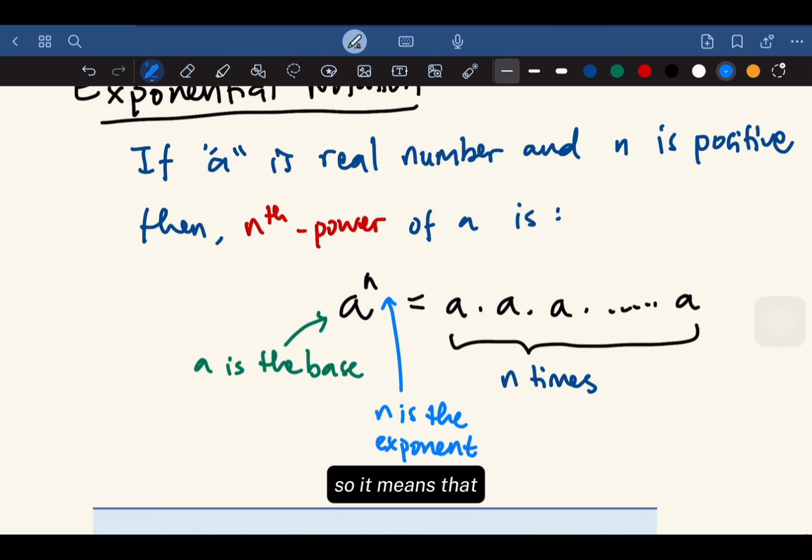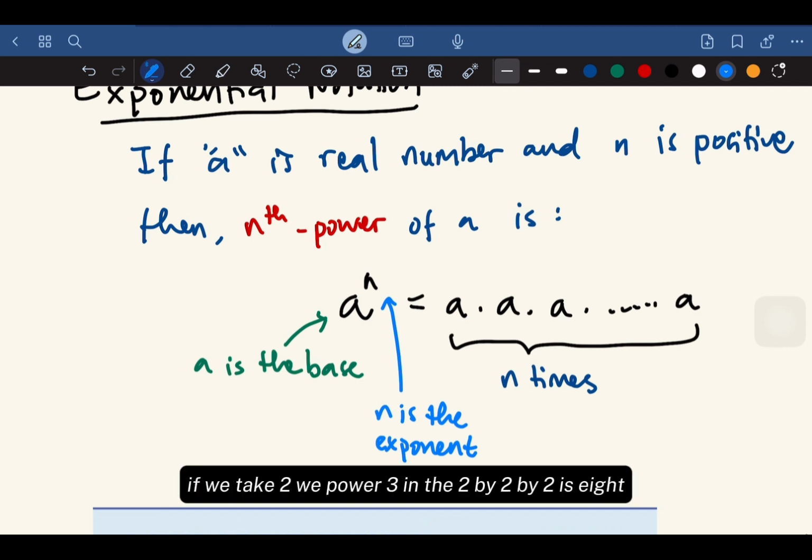So if we take 2 with power of 3, we mean 2 by 2 by 2, which is 8. Okay?